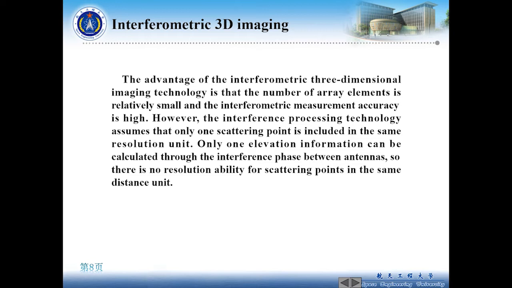However, interferometric processing technology assumes that only one scattering point is included in the same resolution unit. Only one elevation information can be calculated through the interference phase between antennas, so there is no resolution ability for scattering points in the same distance unit.